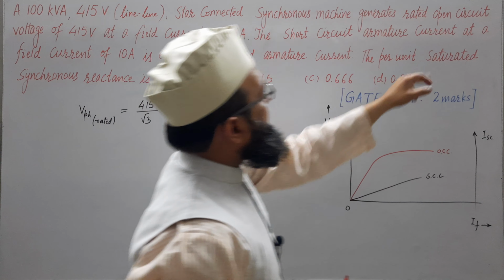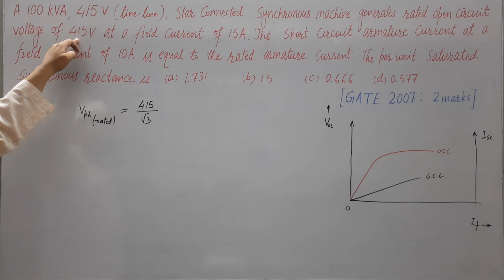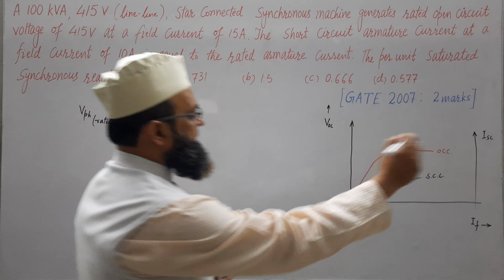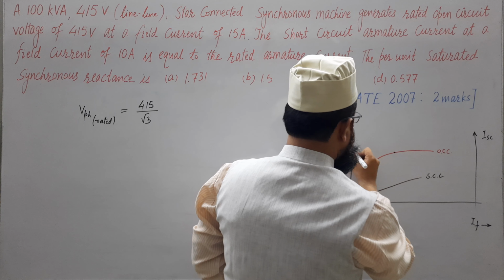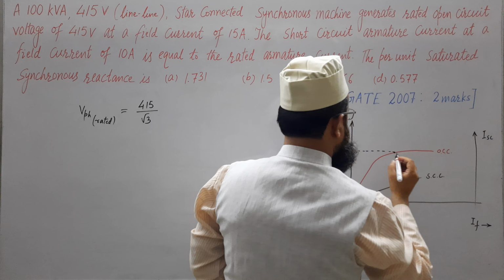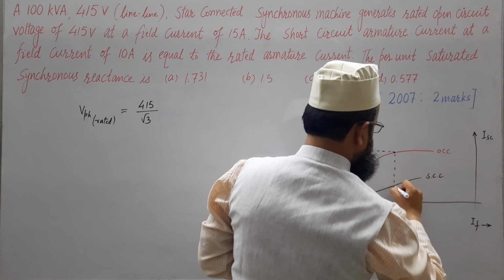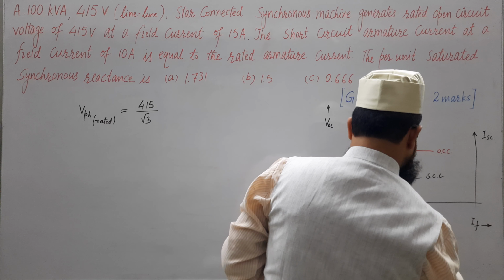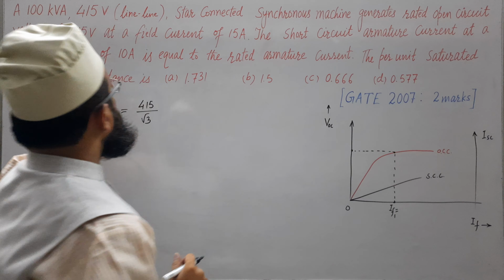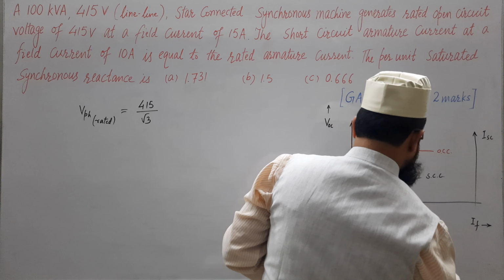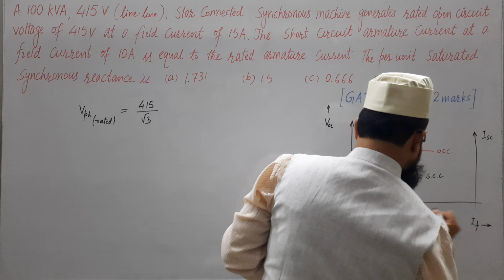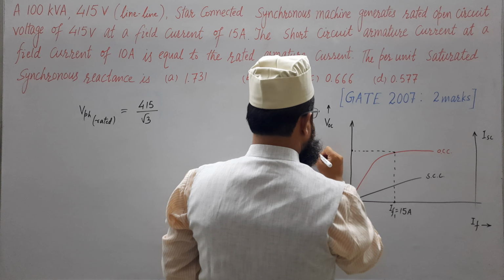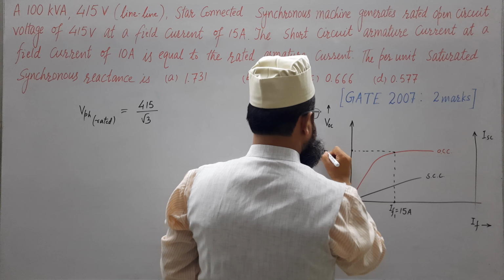It generates rated open circuit voltage, that is line voltage, at a field current of 15 ampere. So whatever rated voltage is there, that is obtained at a field current, mark it IF1, which is equal to 15 ampere. And this is VPH rated.